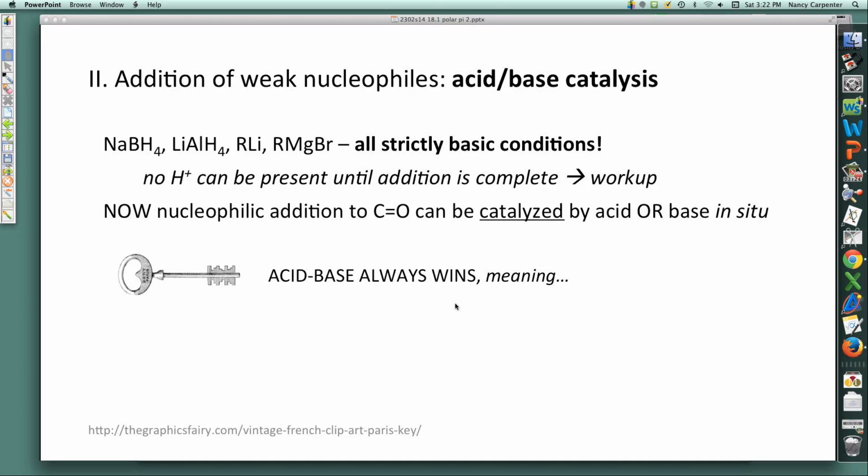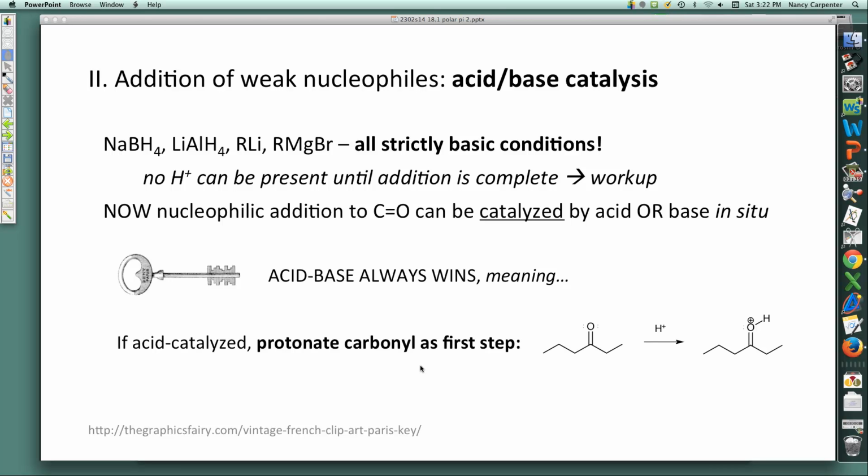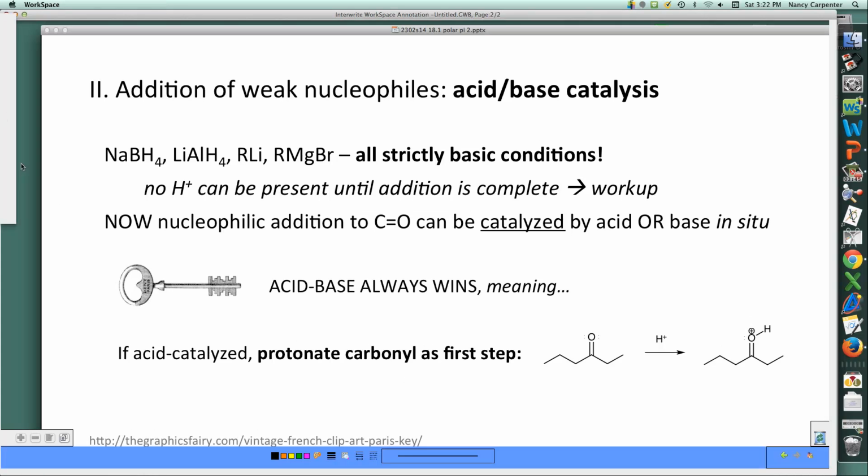So, a key point of this acid-base catalysis stuff is that acid-base always wins. Well, we've heard that 1,000 times already. But what does it mean? In concrete terms, it means if we're talking about acid catalysis, the very first step in the mechanism is invariably going to be protonation of the carbonyl.